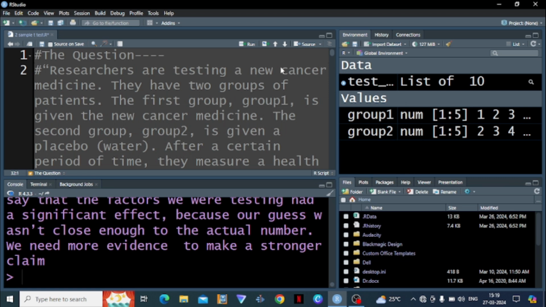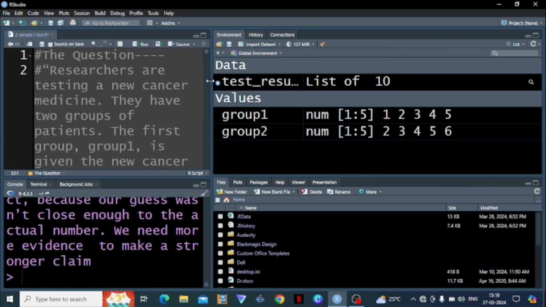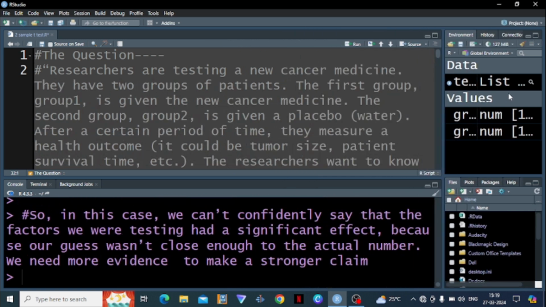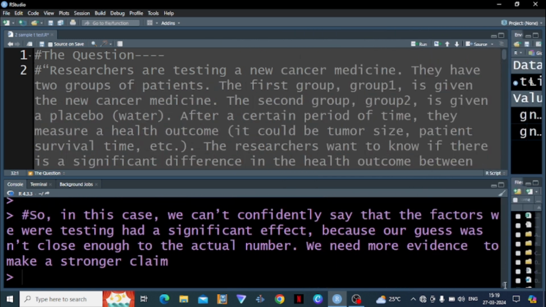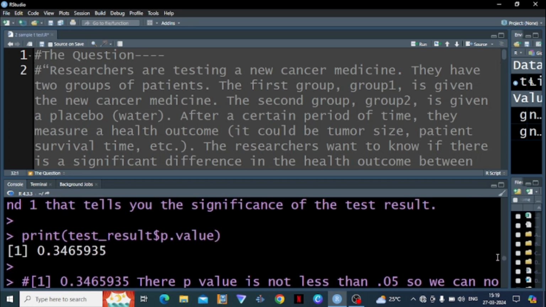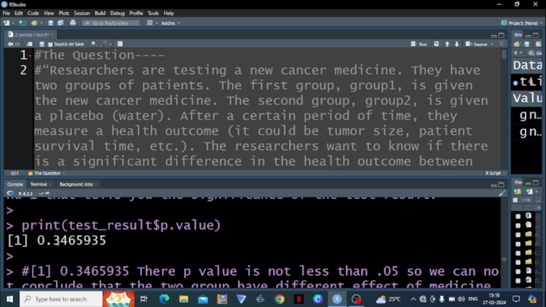If you see the environment, the test result object is formed here. Group 1, group 2 is showing here. So the command is successful. Again, we will see the value of the p-value, and it has come as 0.346, which I have already discussed.